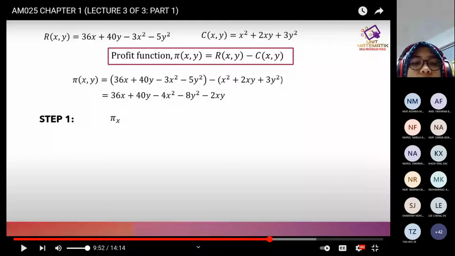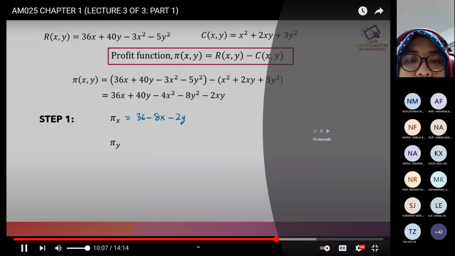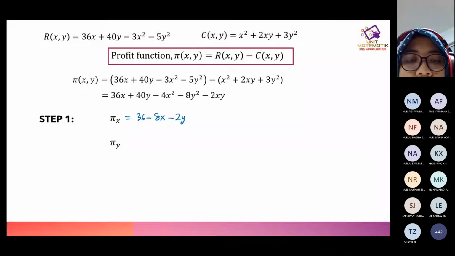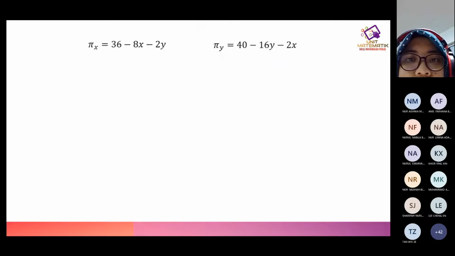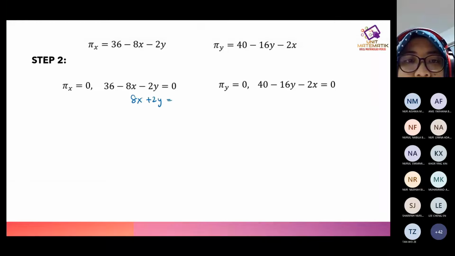Okay. Function. Okay, with respect to x. Okay, for profit, sub y equals to 40 minus 16y minus 2x. So, okay, both derivative is 0. 8x plus 2y equals to 36.